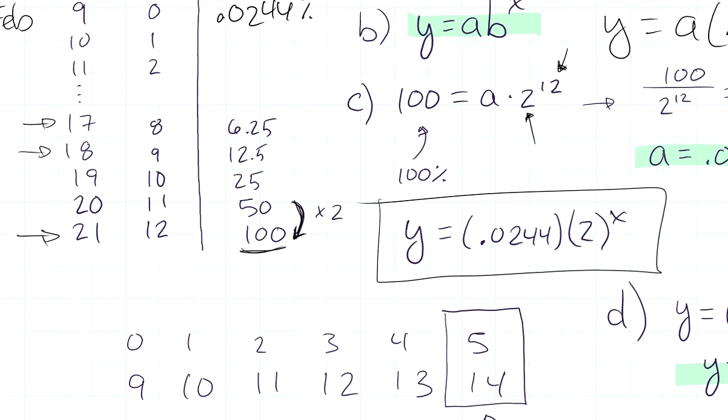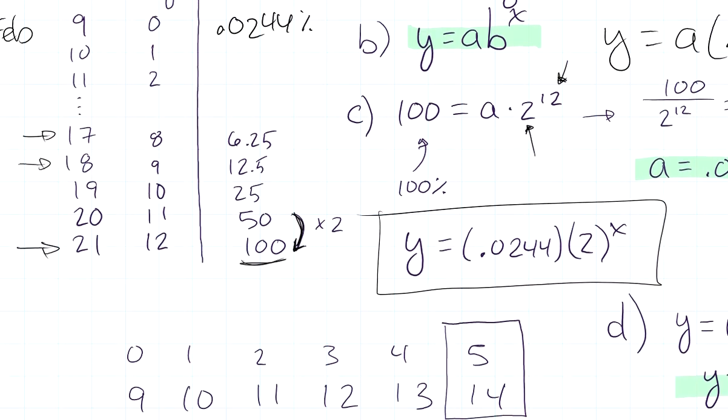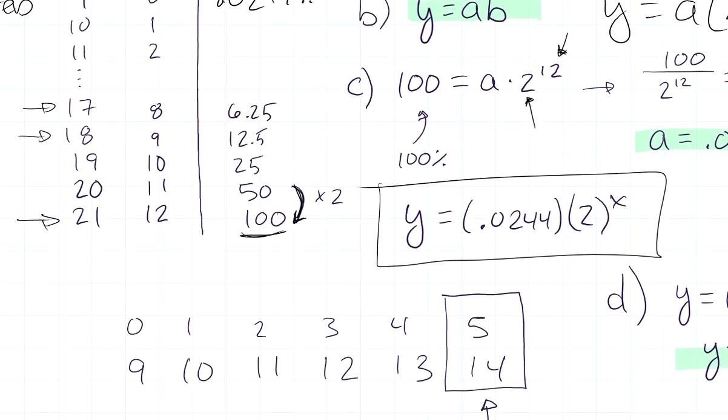Okay, so what I did here was I've got the days in February, and these are the days of growth. So this is at day 0 when I was at like 0.0244%. And if I go February 9th through the 14th, I can see that February 14th was the 5th day of growth.